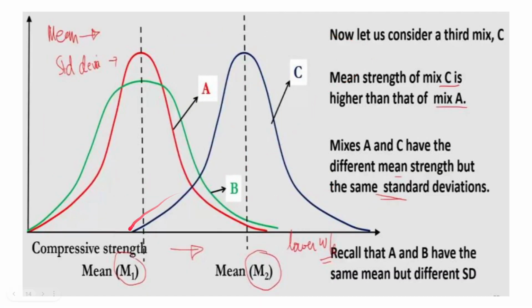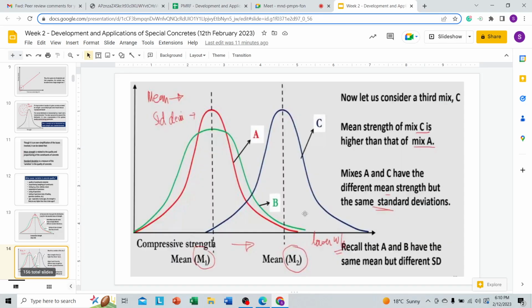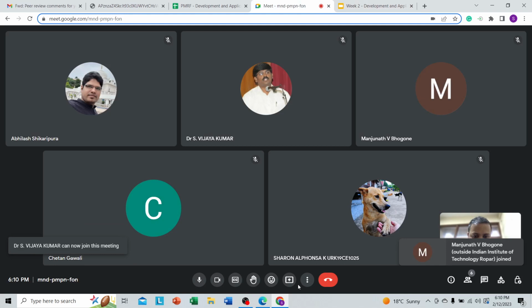But in this case, there is one more normal distribution curve, let us say curve C. So here we will see that the mean strength of A and C are different. Okay, so here if we compare the normal distributions of A, C and B, we will find that... I have shared that.